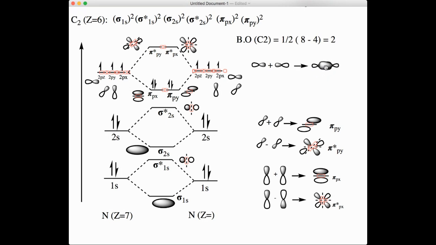That's a combination of two pz. Does the order of y, x matter? No, it doesn't. What I care about the most is that you guys know the orientation, okay? So guys, this is the combination, in this case, of the ones that I label as pz. The combination of these two leads to this bonding molecular orbital.